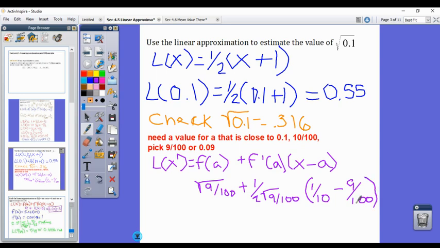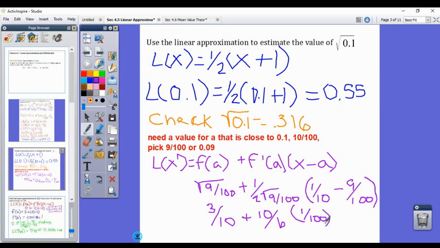Okay, so this is 3/10. This is going to reduce to 10/6. And we get 1/100 in my parentheses.